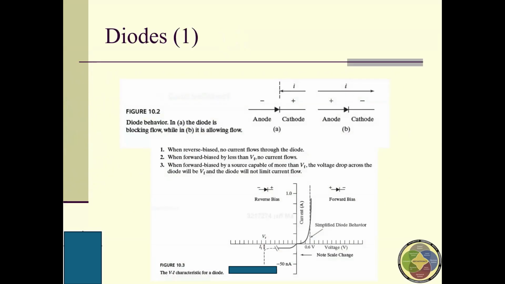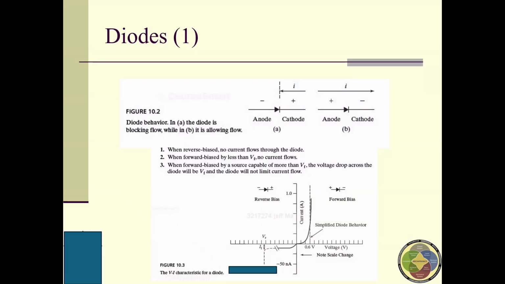Now this is the diode. Last time I showed you this diode figure. As I said, I got this figure from the textbook, and so this one is not right. This is the cathode, and this is the anode. Here you can see what we call forward bias, and this is reverse bias.